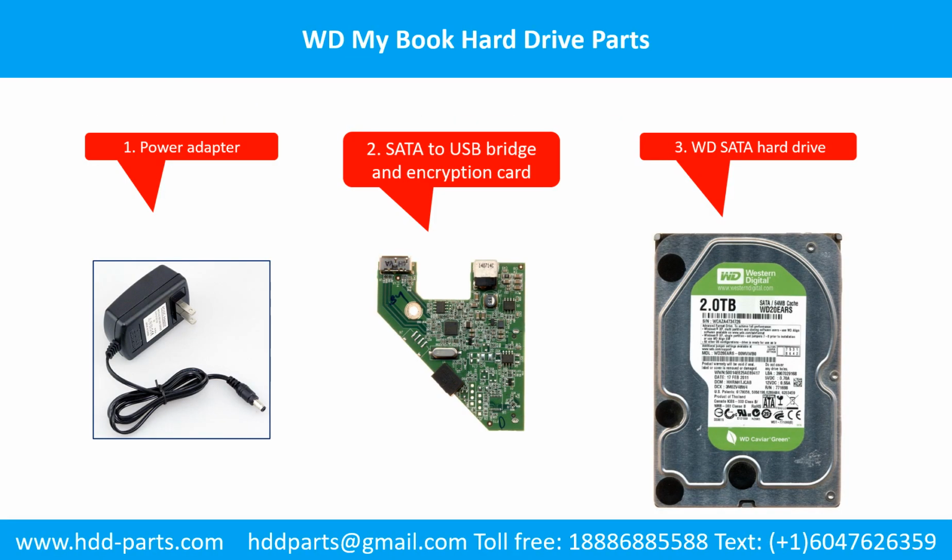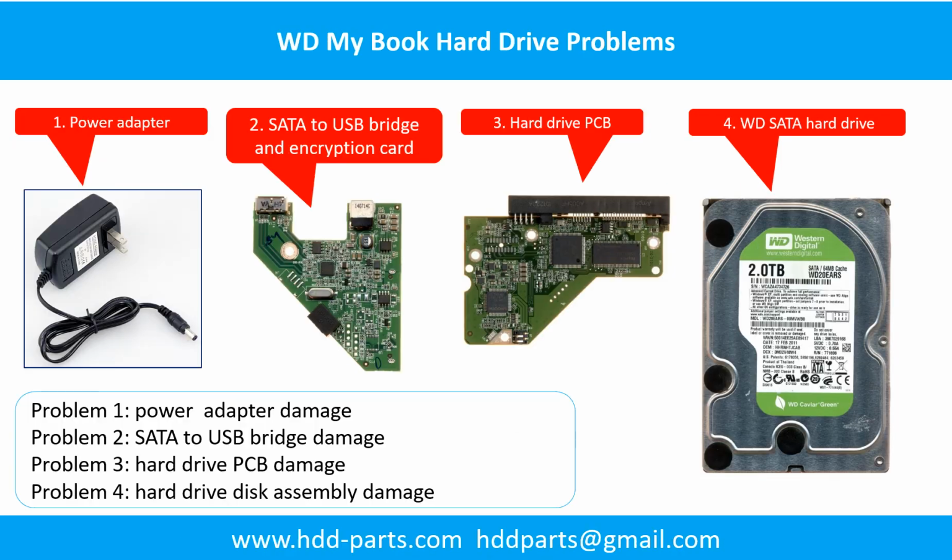One WD MyBook hard drive includes three parts. 1. A power adapter. 2. SATA to USB bridge and encryption card. 3. WD SATA hard drive. The WD MyBook external hard drive problems can be categorized into 4.